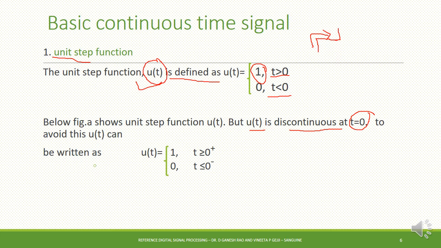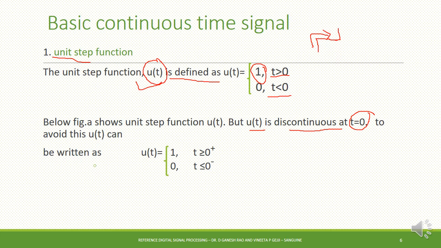Here it is saying that for t greater than 0, its value is 1, and for t less than 0, its value is 0. What about t equal to 0? That is why t is somewhat discontinuous; it is not equal to 1 and not equal to 0.